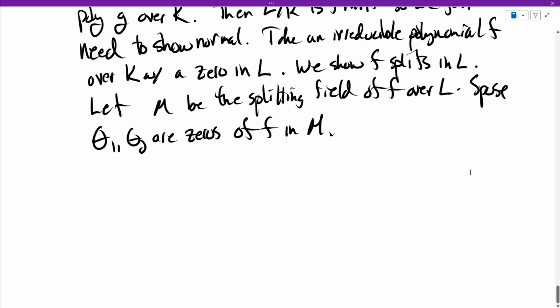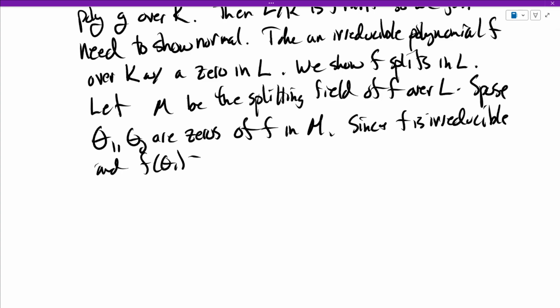Since f is irreducible, up to the leading coefficient, f is the minimal polynomial of both theta 1 and theta 2.